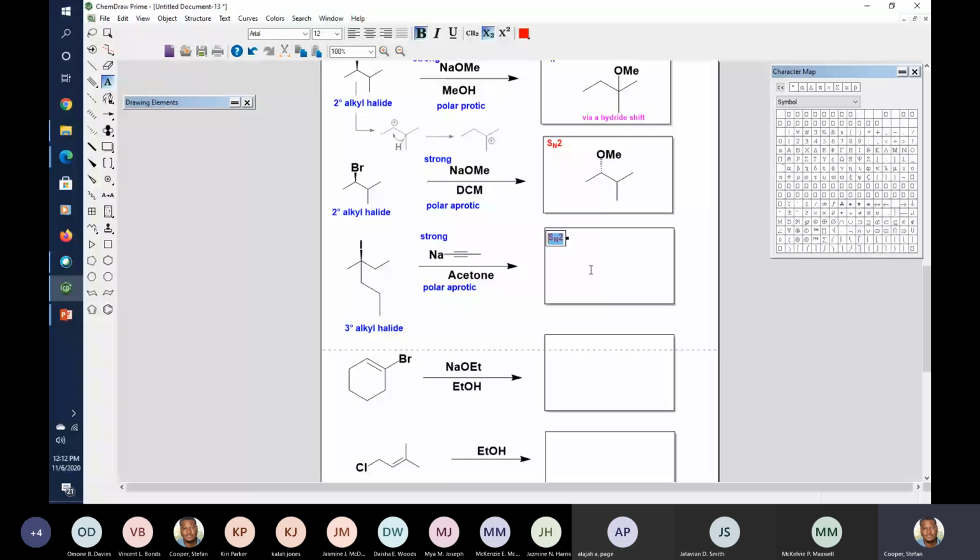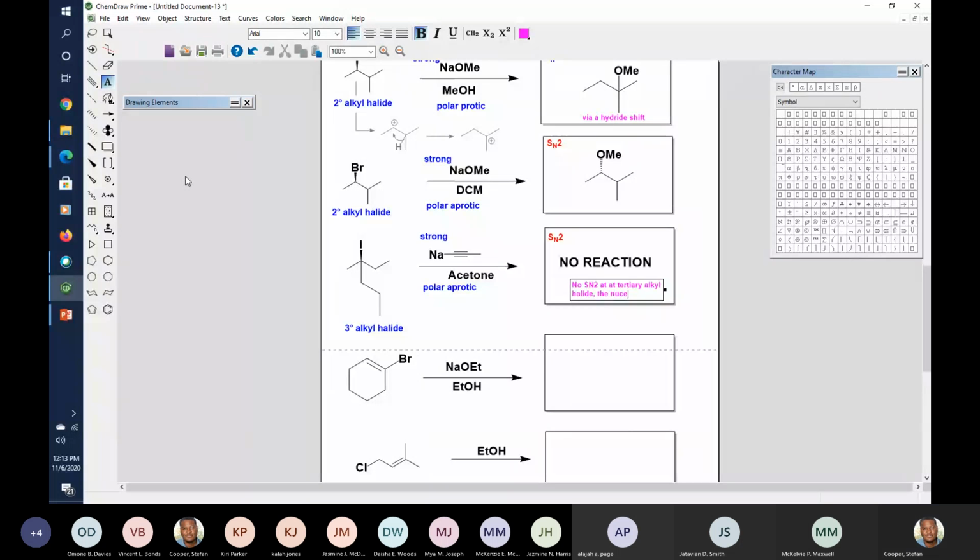So the product here is no reaction, right? Why don't I get a reaction here? Why is this no reaction? And the reason here is that I can never do a substitution at a tertiary alkyl halide, all right? So no SN2 substitution at a tertiary alkyl halide, right?